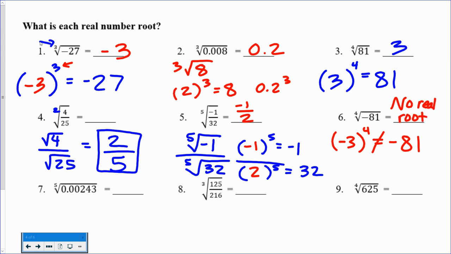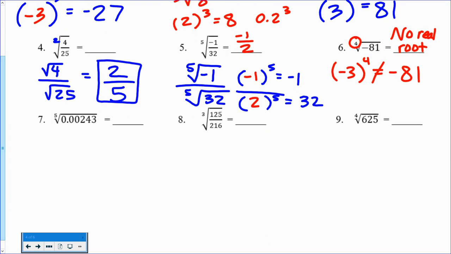It would be imaginary, okay? But it's not asking for us to find the imaginary, unfortunately. I know you're disappointed. So if my index is even, I cannot have a negative in the radical to have a real root. So square roots, fourth roots, sixth roots. We won't really see eighth roots, but they're a thing, okay?